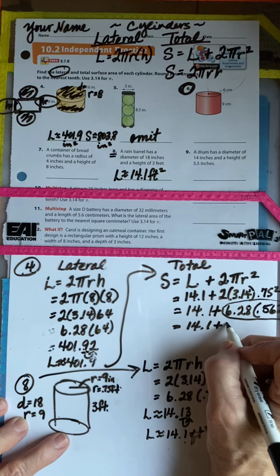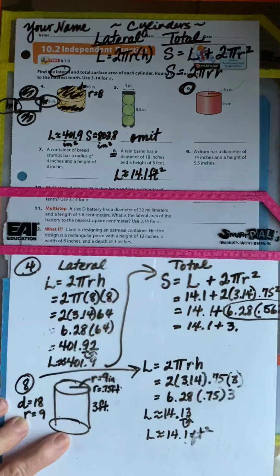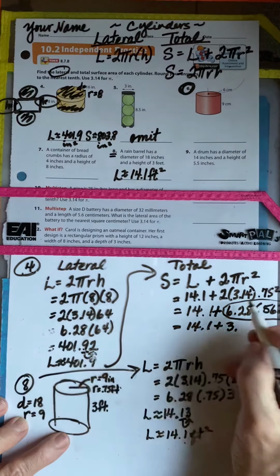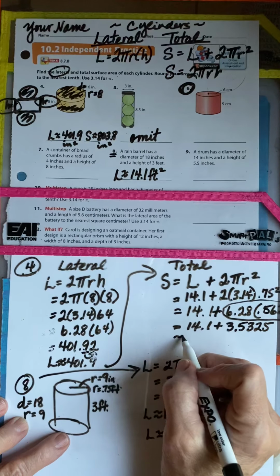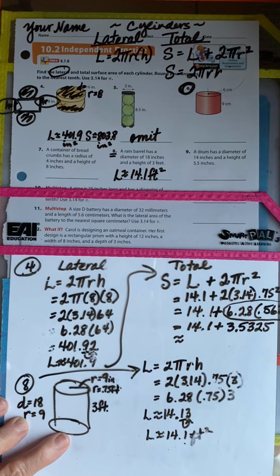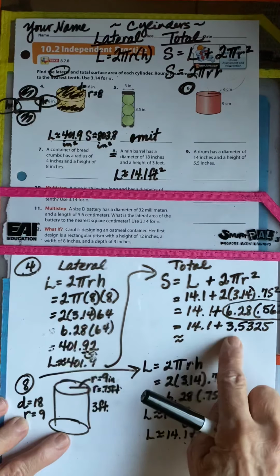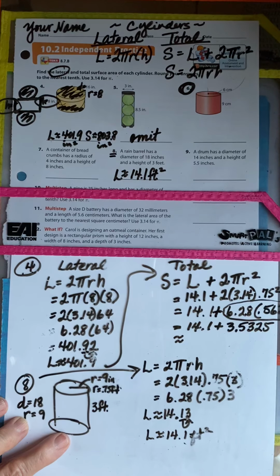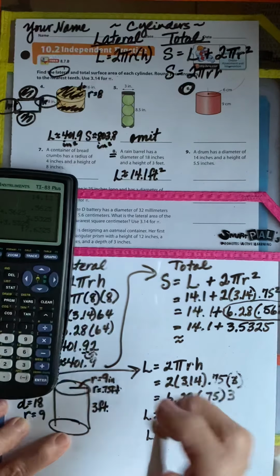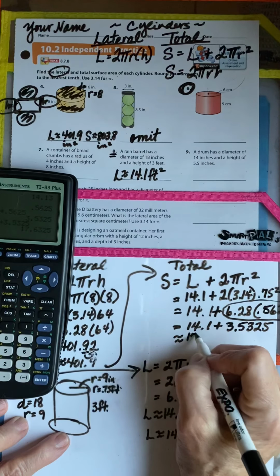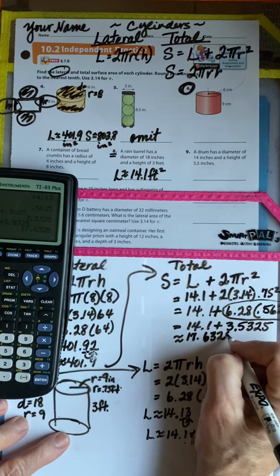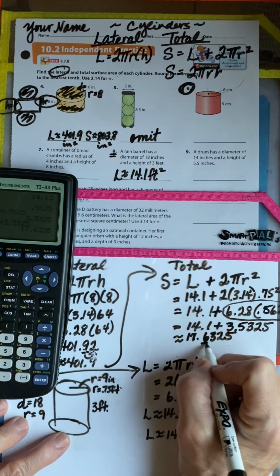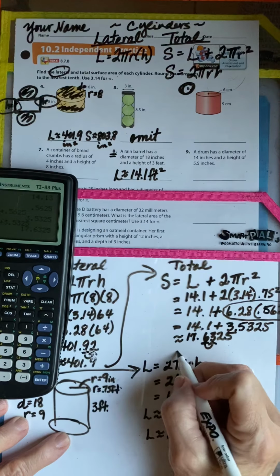So 14.1 plus 3.5325. Enter. Answer is 17.6325. To the nearest tenth, underline the 6, point to the 3.